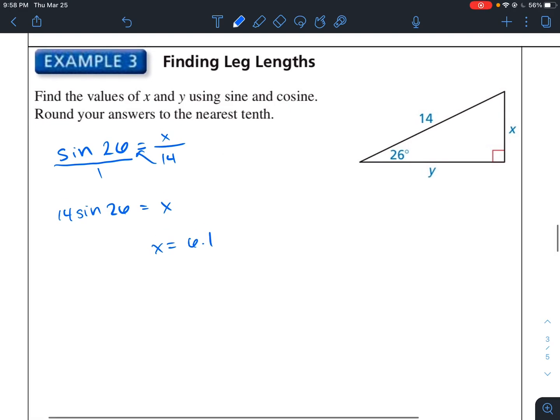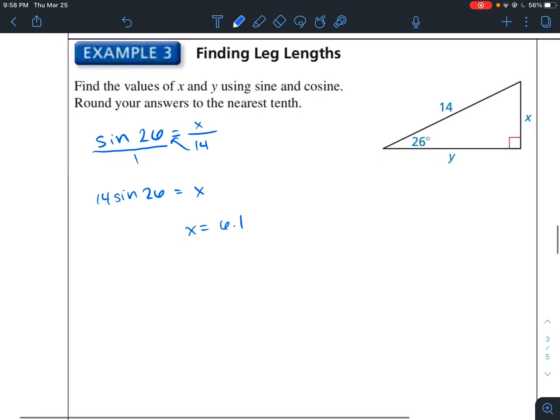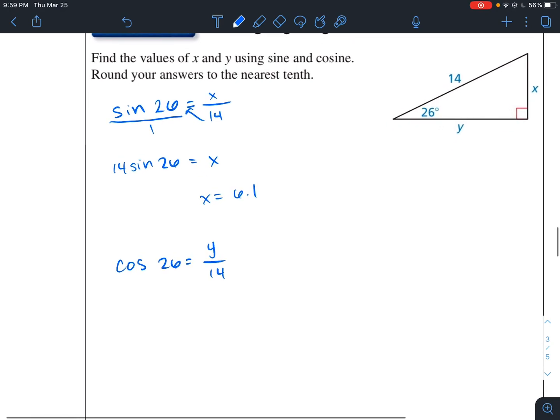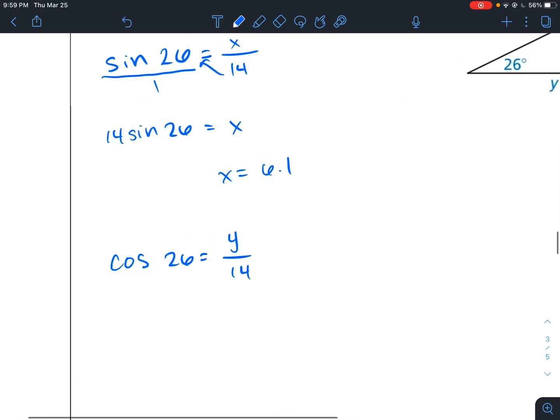Okay. Now I still want to find y, so I can use my cosine ratio to find that one. So cosine of 26 would be equal to the adjacent side, so adjacent to 26 is y, divided by 14. Here, if you want to set up a cross multiplication, you can. I'm just going to multiply by 14.